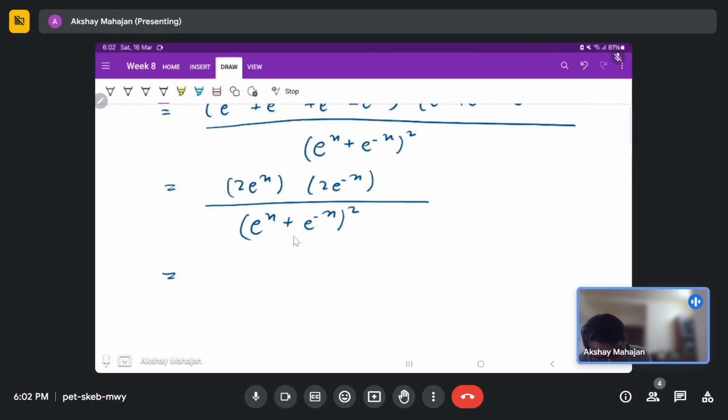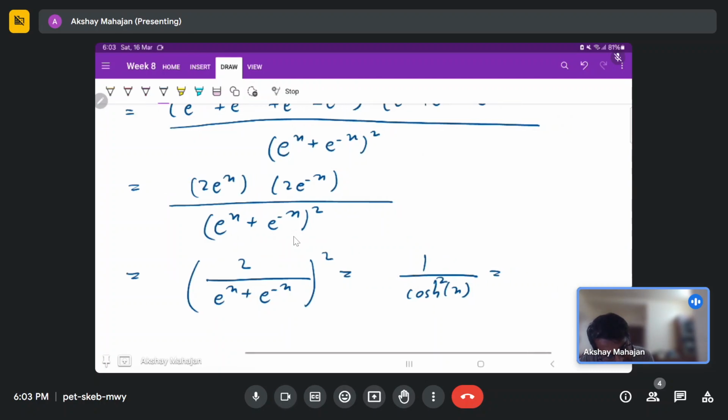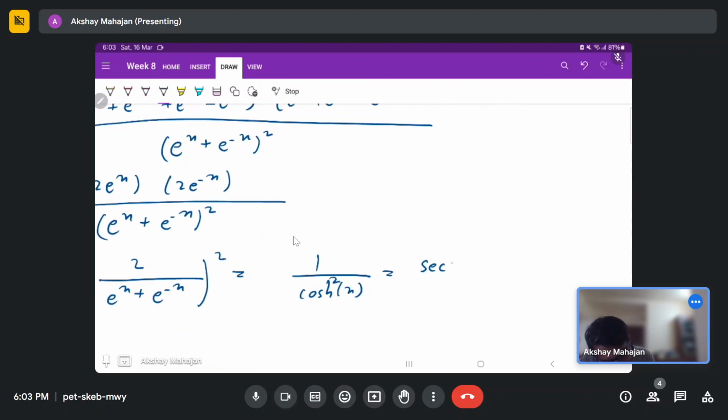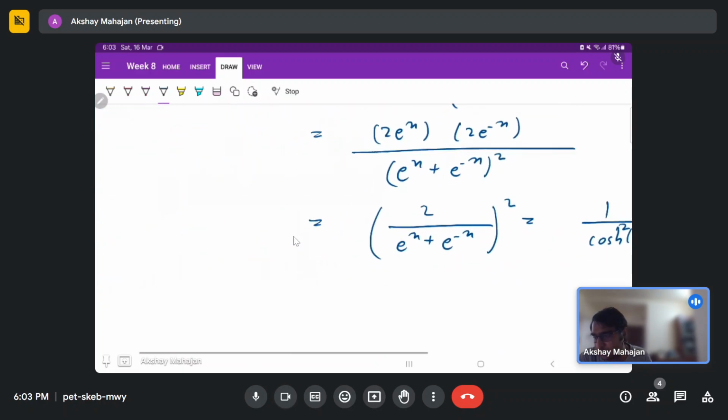Basically you can see that what we are getting is 2 upon (e to the power x plus e to the power minus x) whole square, and this is basically 1 by cosh x whole square, which is basically your sech x whole square.